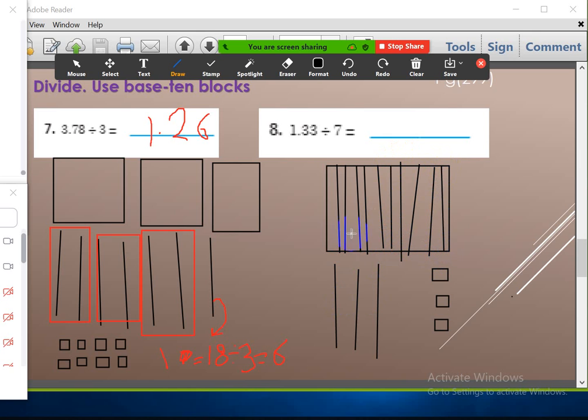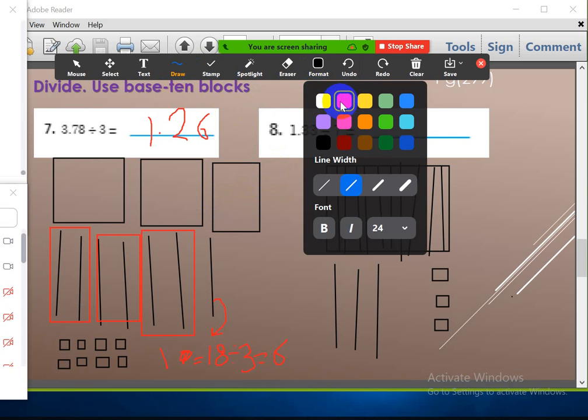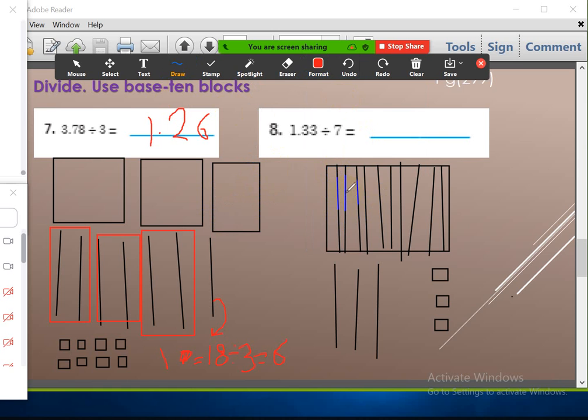So how many longs do I have? 10 plus 3 equals 13. Can I divide the 13 on 7? No. What do I have to do? Look, girls, I will take only 1, 2, 3, 4, 5, 6, 7.